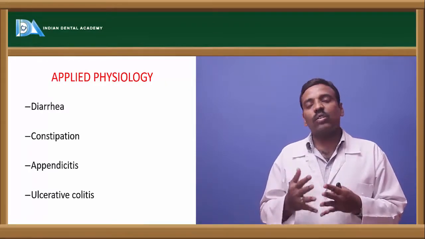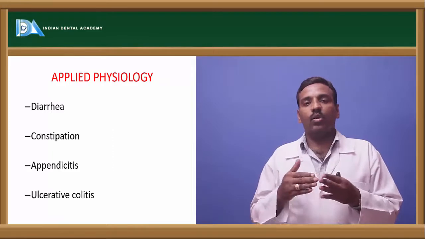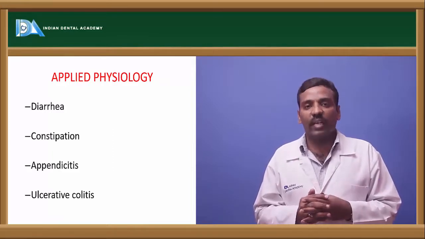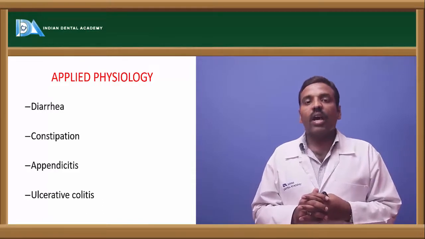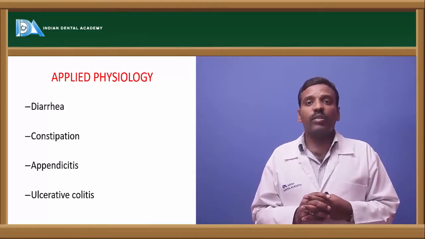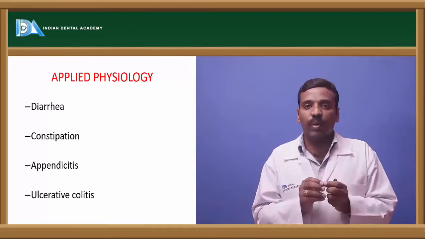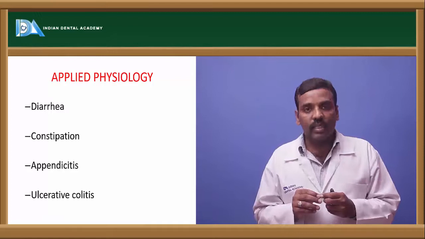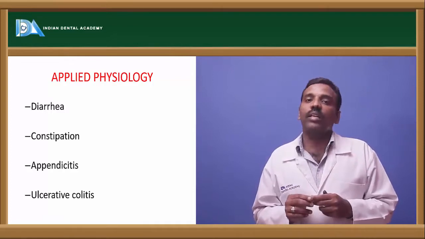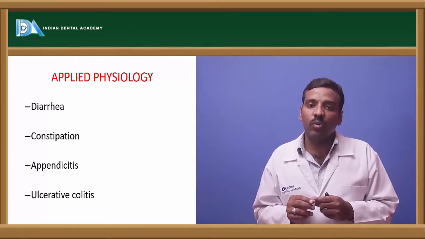Constipation means there is no proper movement of the fecal matter. And next, appendicitis. The appendix is a part which is useless in human beings. In animals that eat grass, it is very active. In human beings, it is a useless part.